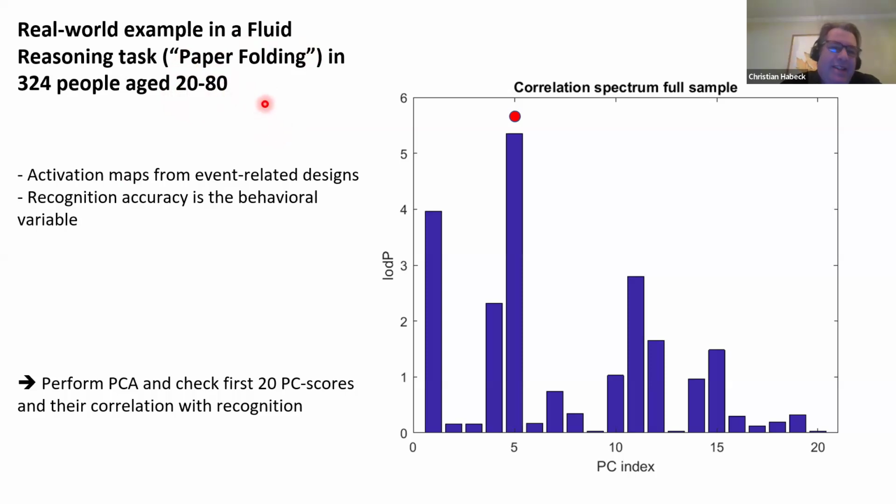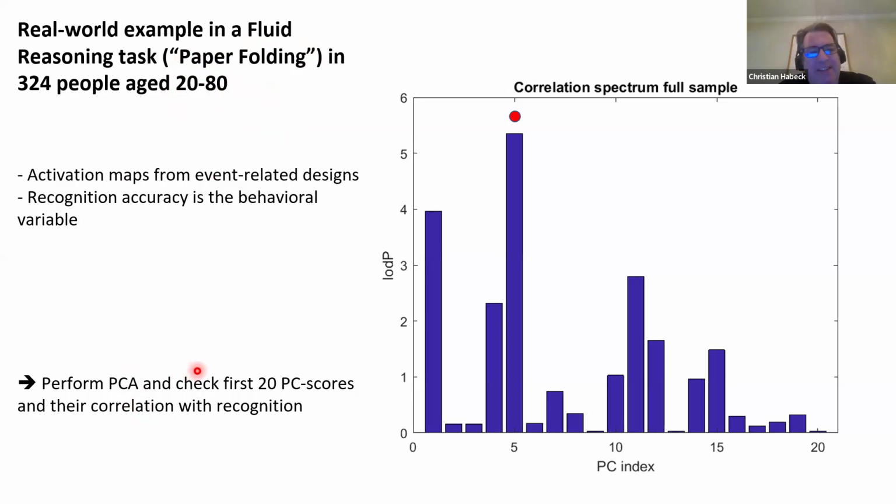It's a recognition task, a paper folding task where they look at the paper being folded. It's punched in a particular manner, and then the unfolded paper has a particular punching pattern, and they have to pick out of an array of choices, and they get this right or wrong, and we get the percent accuracy.